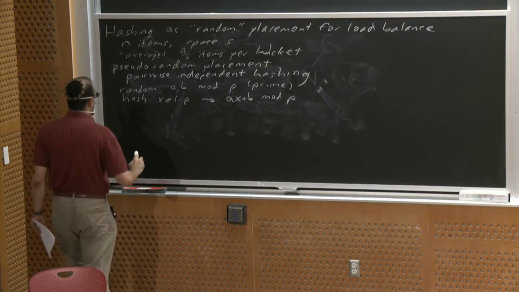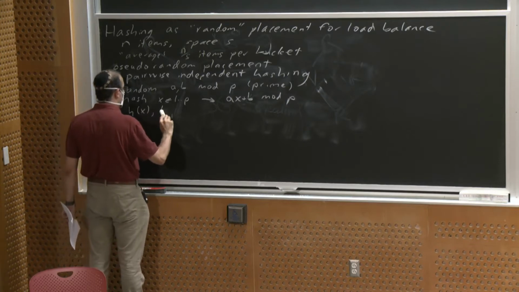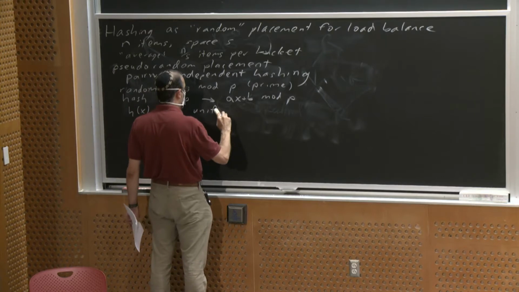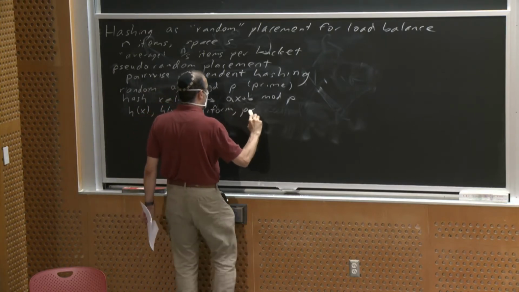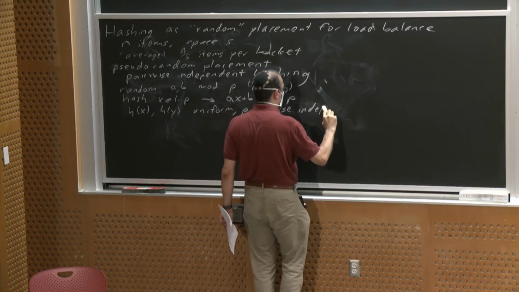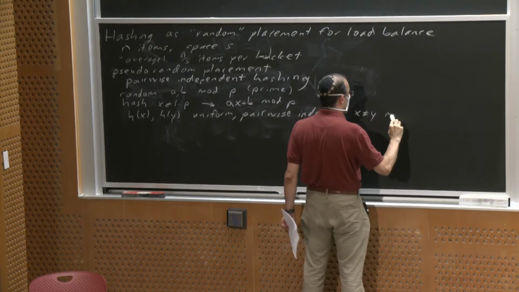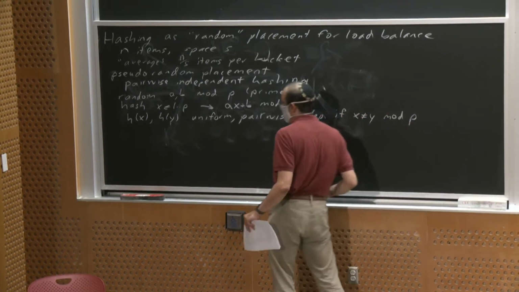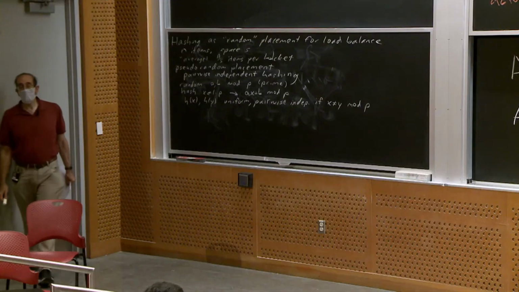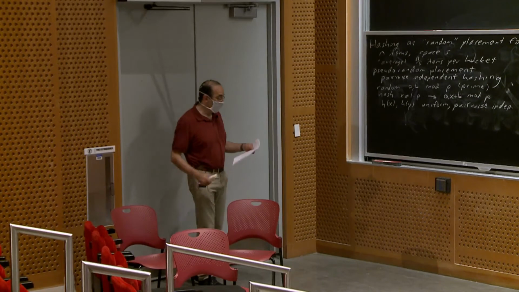And we proved last time that h of x and h of y are uniform and pairwise independent if x is not equal to y, mod p, right? And pairwise independence, which I defined last time, was all that we needed in order for our basic analysis to work, right?